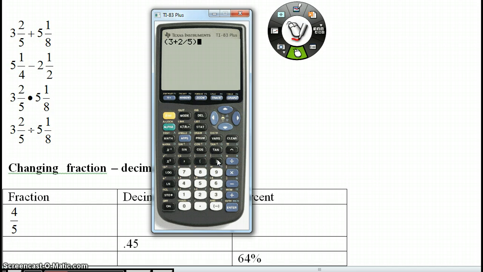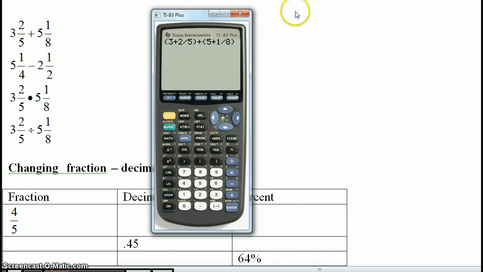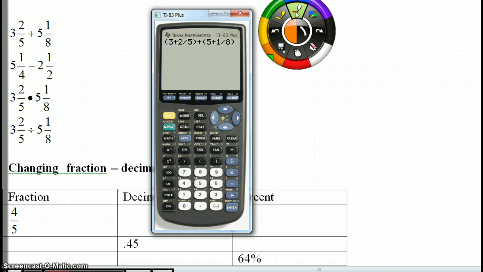So check my calculator that I did. When you use fractions on the TI, you'll want to use parentheses, and notice that I have 3 and 2/5. We have to type it in a little differently, and 5 and 1/8, we have to type that in a little differently.